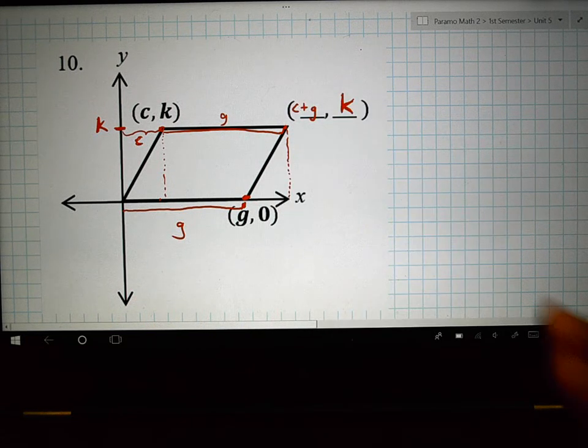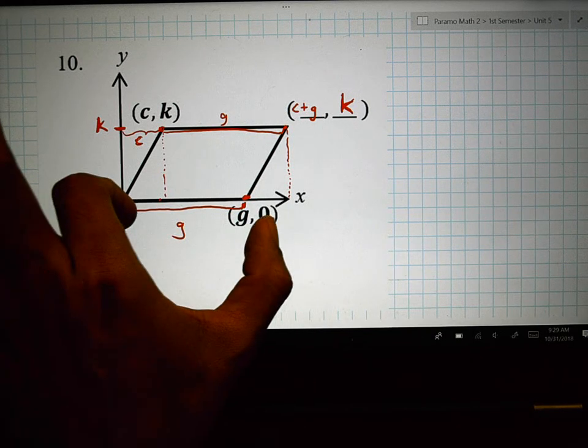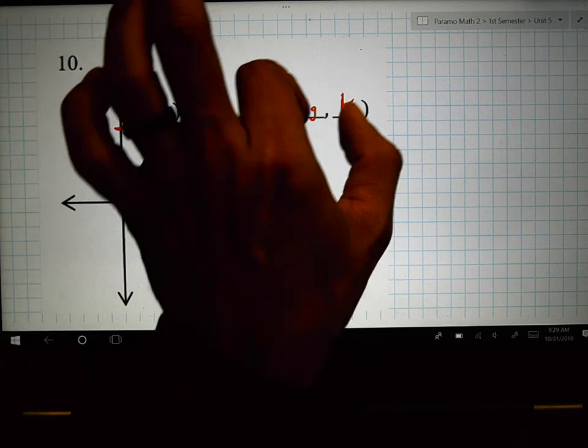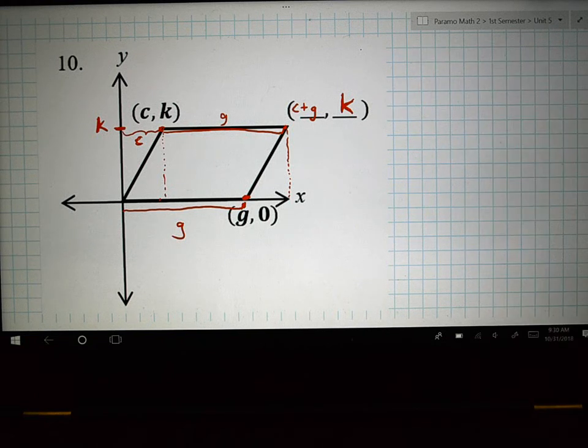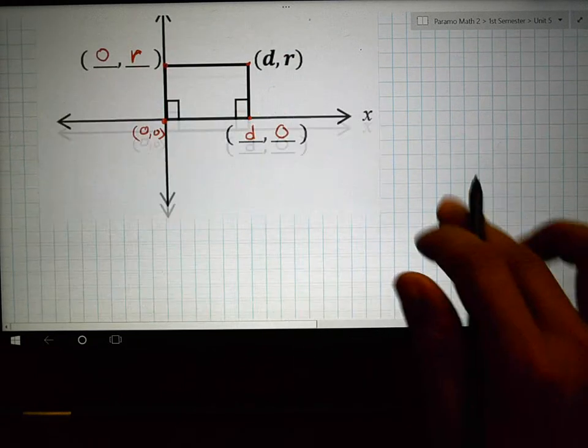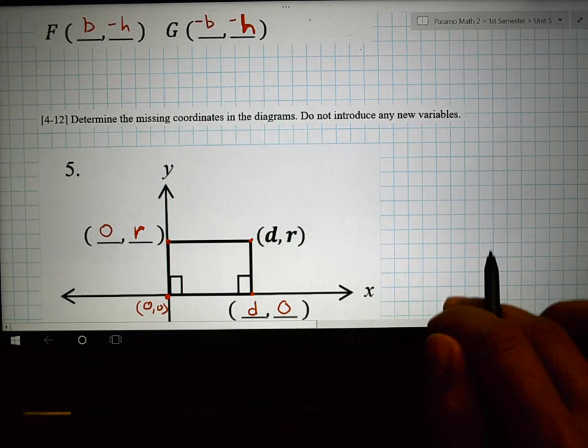The hardest one by far is number 10 because of that. Because you have to go, oh, it's g units plus that c units to get to that horizontal distance, but the vertical distance stays the same. You understand that, then all those other problems on 4 through 12 will be easy for you.